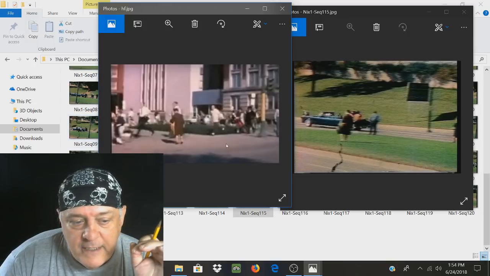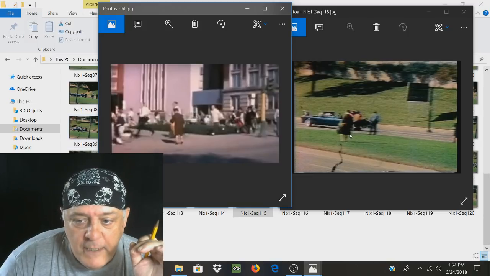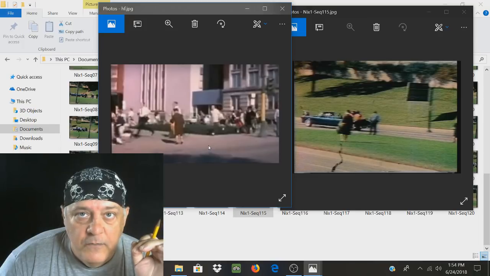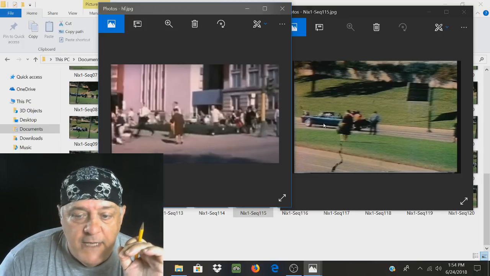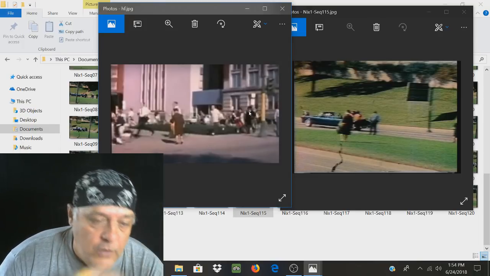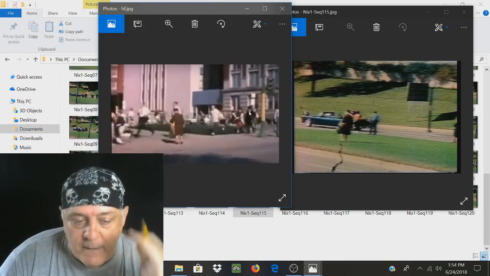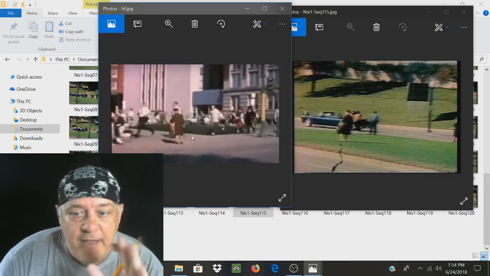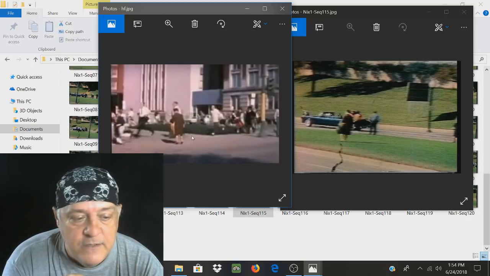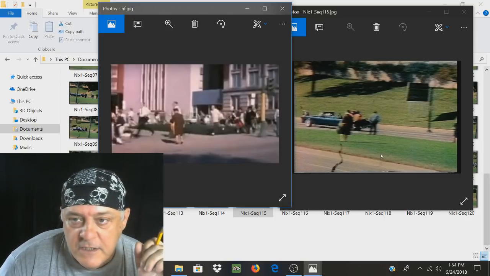She went from here to this location within a matter of mere seconds before JFK's limo completely goes underneath the overpass. So that's how fast and how short this place is, and how she can get from this location to this location.